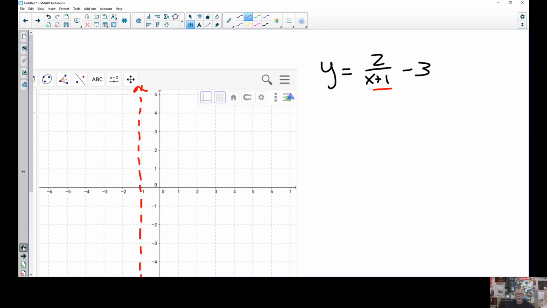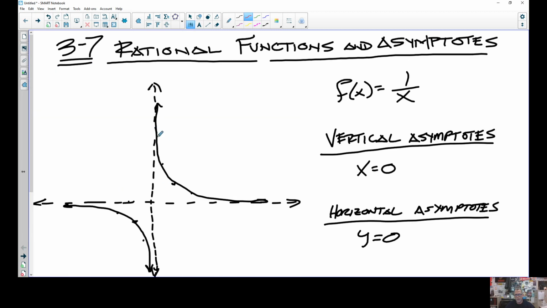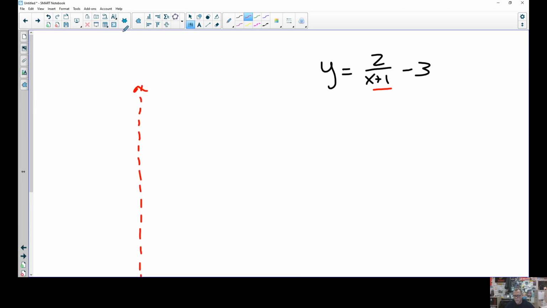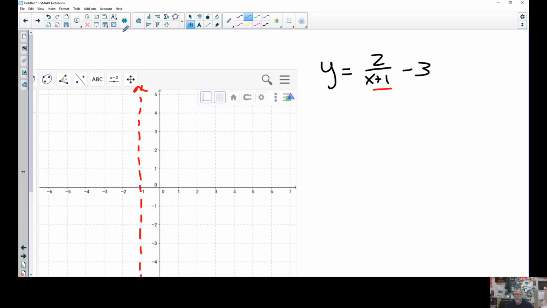Again, looking back, if this is at x equals 0, and every point on this graph and this piece here moves left 1, then this has to move left 1. So we have a vertical asymptote now where x plus 1 equals 0, or at x equals negative 1, right? It's where that denominator equals 0.